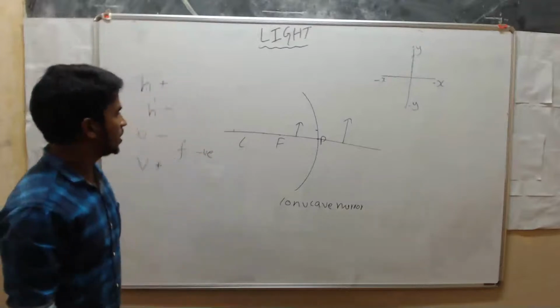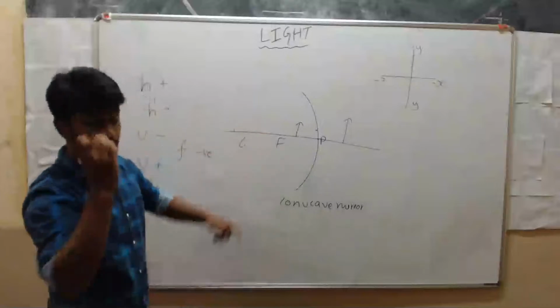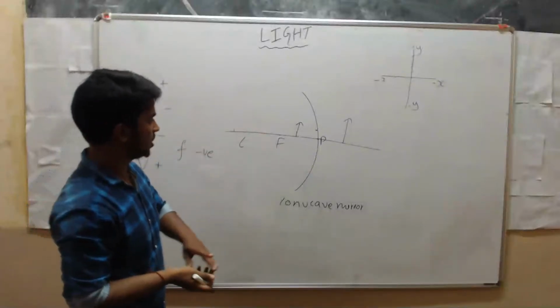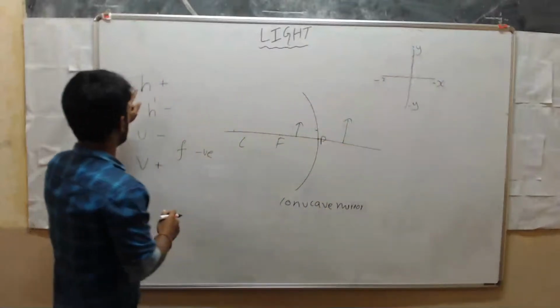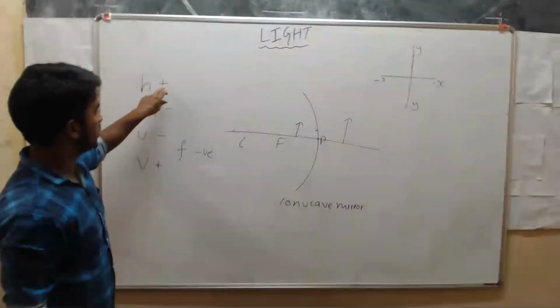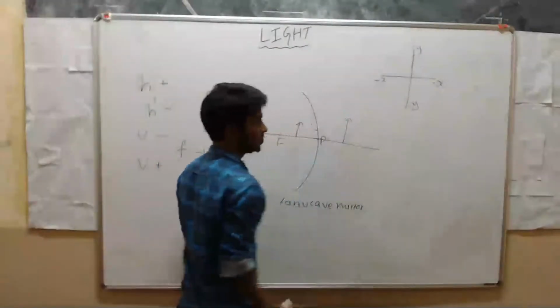Next, what about the height of the object? We compare this height with respect to this one, right? So we should write the object height as positive. Next, what about the height of the image?